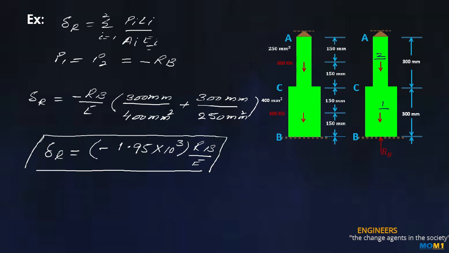Now we have solved two parts separately, without support and then taking the redundant reaction. We have calculated this. Now we are going to take the total deformation.